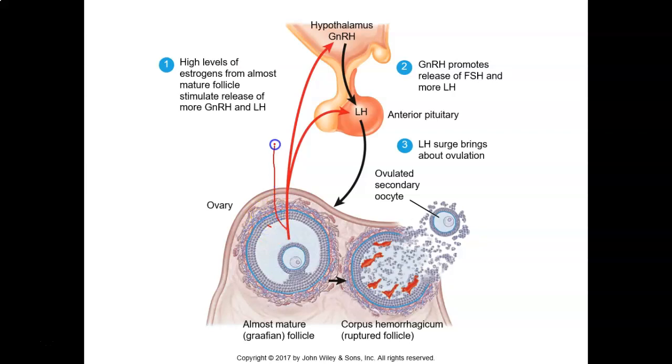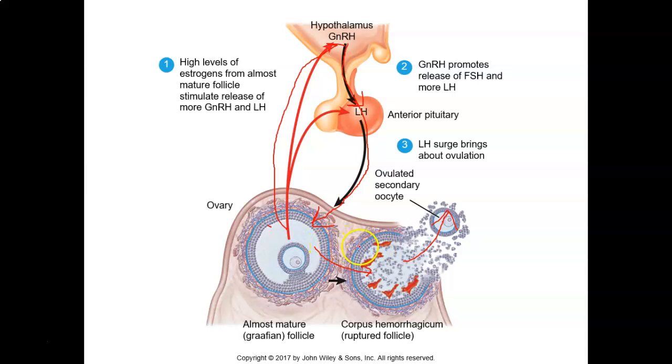Eventually, that estrogen causes gonadotropin-releasing hormone to be released. Gonadotropin-releasing hormone causes LH to be released. LH then travels to the follicle, and that stimulates the follicle to flush out the oocyte, i.e. ovulation.